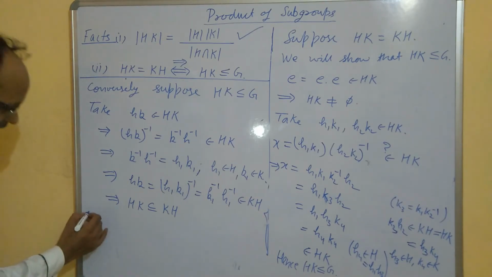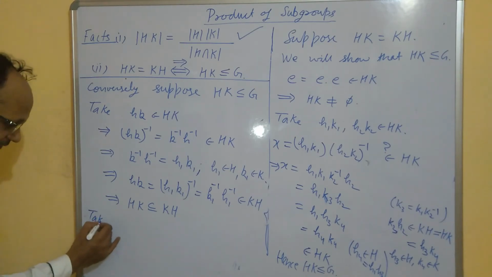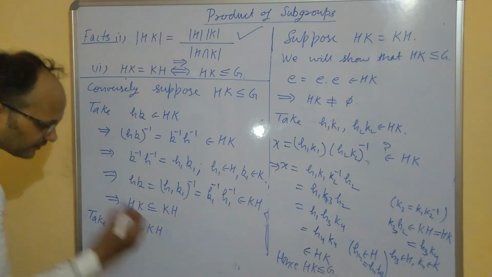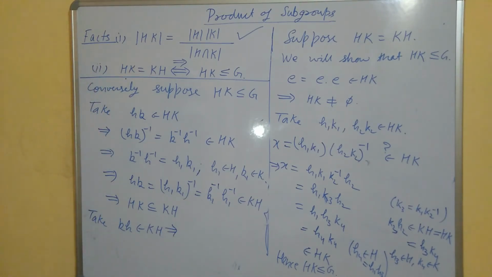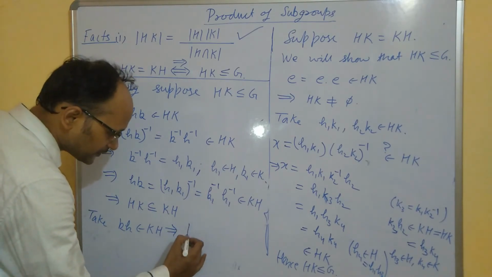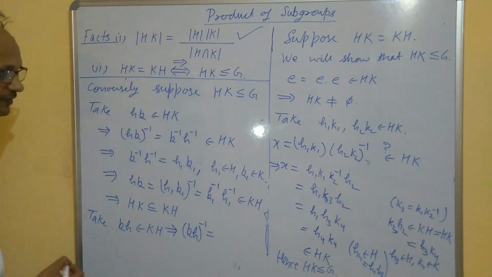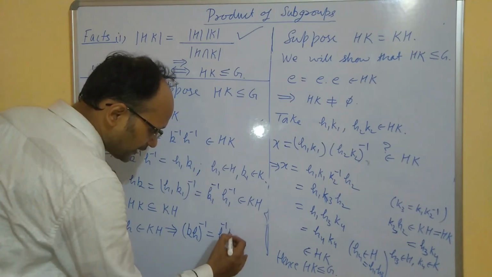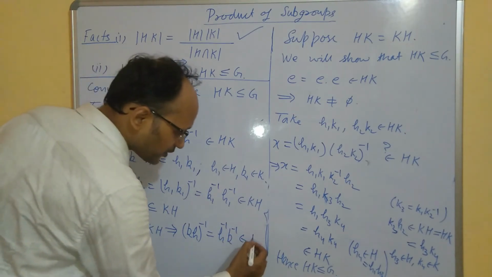Again, conversely, we will show that this is contained in this. So take a KH in KH. This implies KH inverse, which is equal to H inverse K inverse, and because this is in H and this is in K, it will belong to HK.